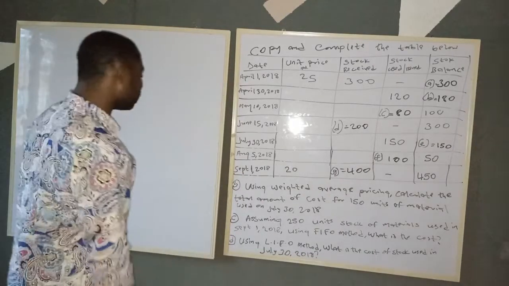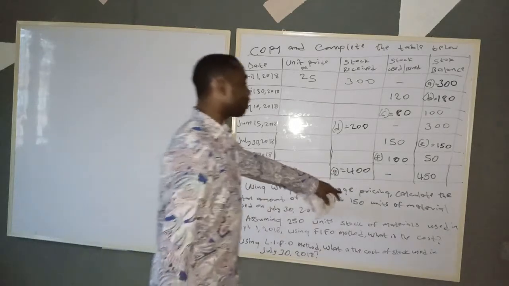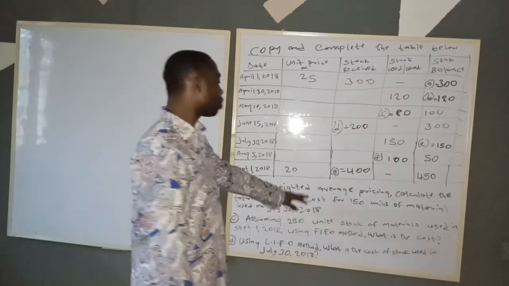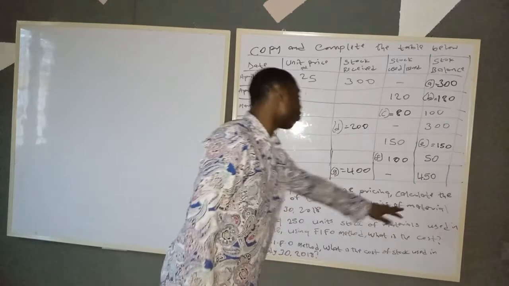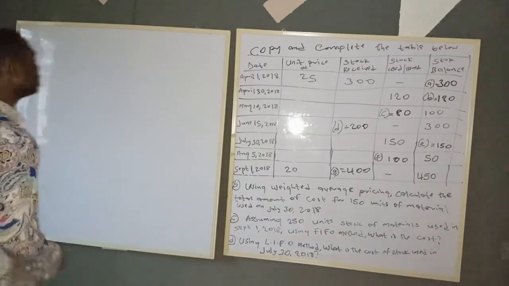So question B, we said that using weighted average pricing, calculate the total amount of cost for 150 units of material used on July 30, 2018.